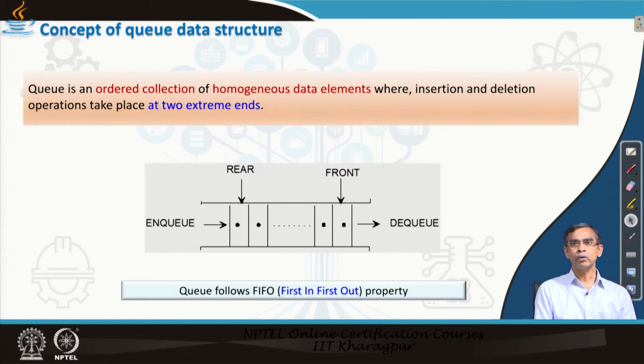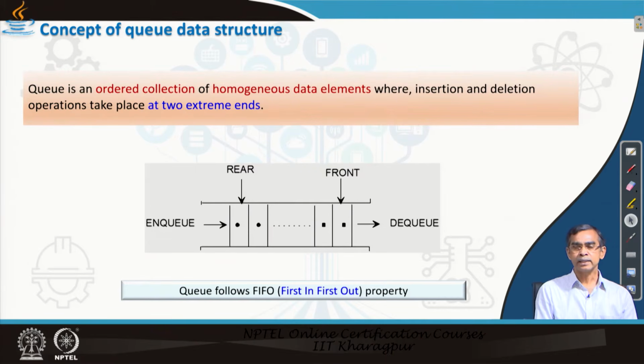If you want to remove an item from the queue, it should take place from the front of the queue. On the other hand, if you want to add an item into the queue, you should do it at the rear end. Front is similar to the bottom, and rear is similar to the top in case of a stack.